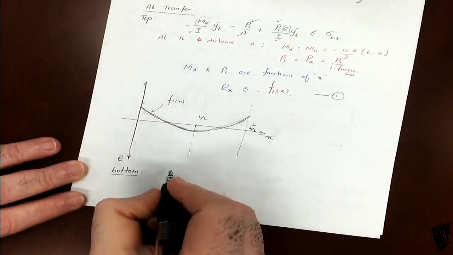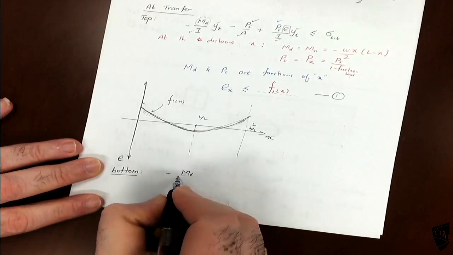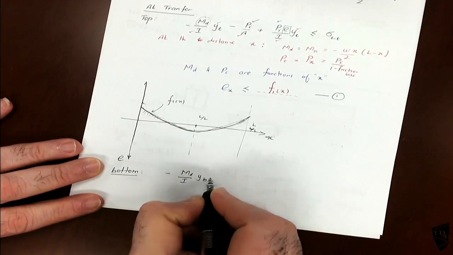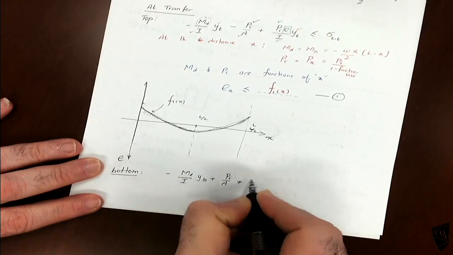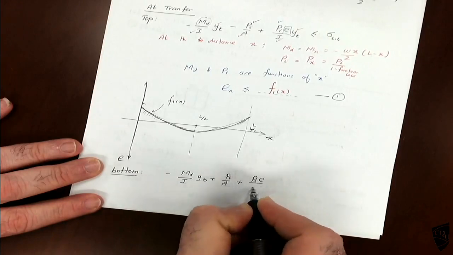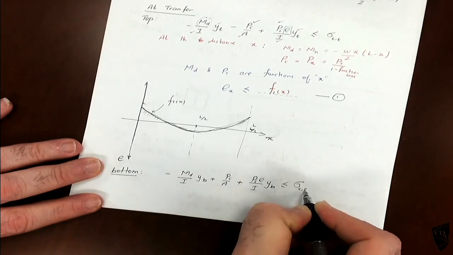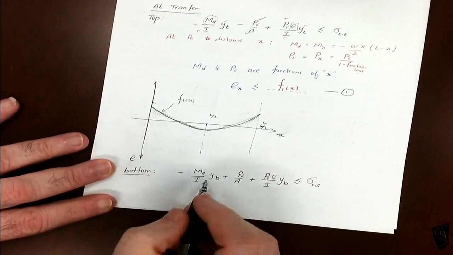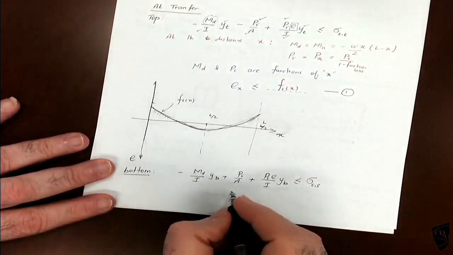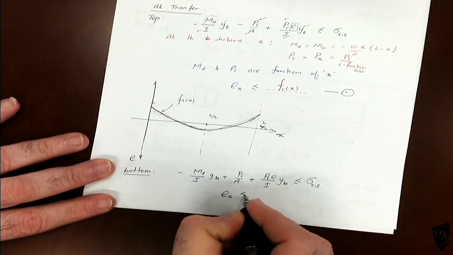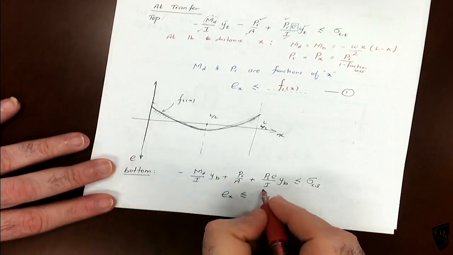For bottom we have MD upon I Yb plus Pi A plus Pi e upon I Yb, sigma CS. Here you substitute the MD and Pi, so you know everything, and if you rearrange it, you will get another function.